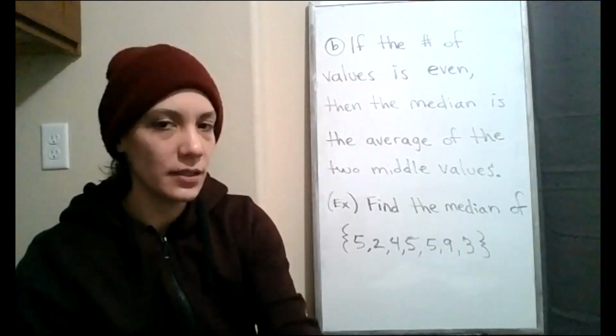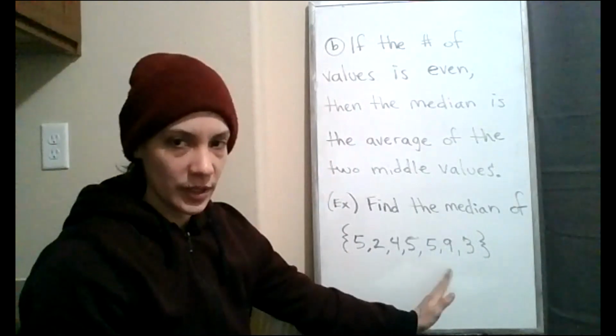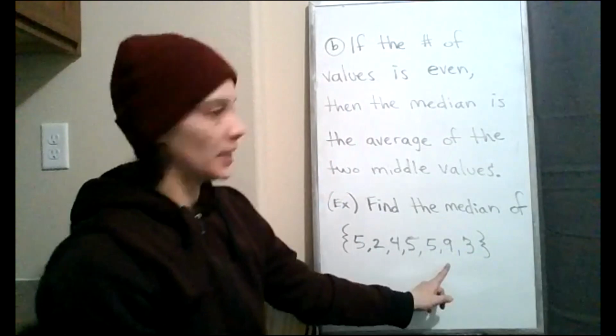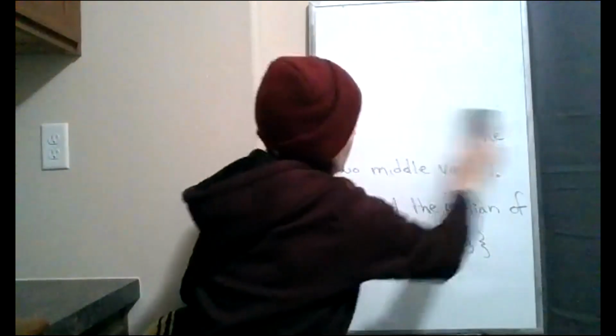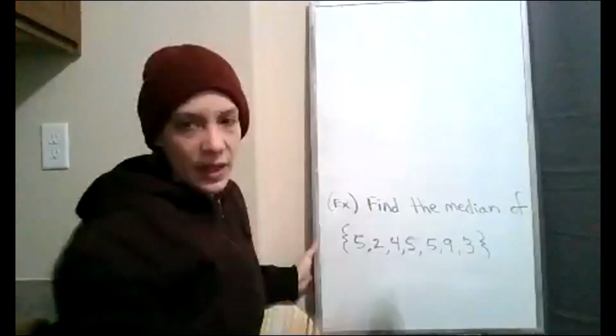So we get our values in increasing order. Smallest number's 2, 9 will be at the end. Just make sure you don't forget anything. Don't leave any values out of this list.